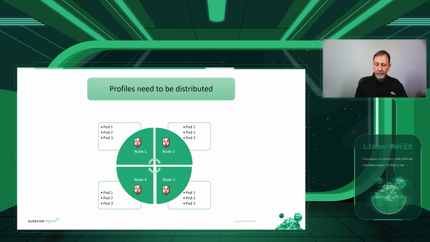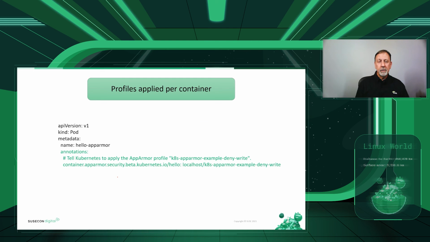And we do that by modifying the manifest. So it's quite easy to do. You just go into the manifest for that particular pod and you make sure that this annotation section is there. And then you specify this long line here telling it which profile to load at pod launch time. There are several methodologies out there to get these profiles copied to all the different nodes in your cluster.